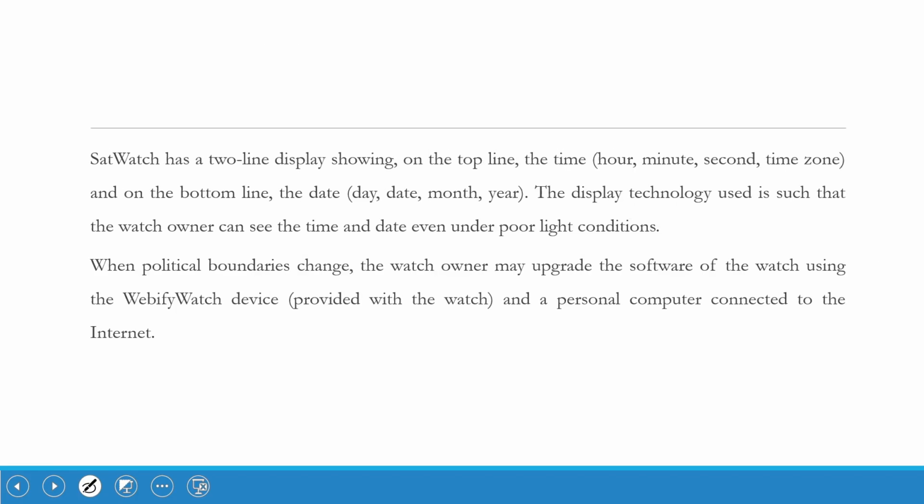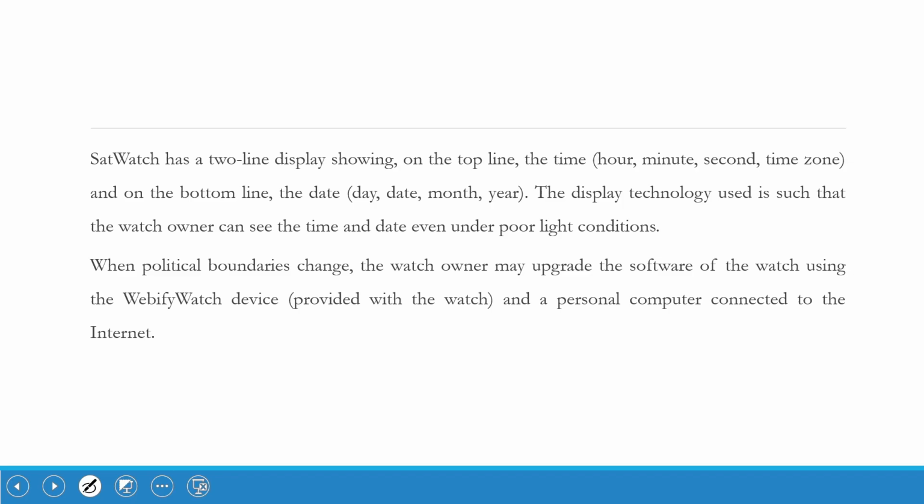SatWatch corrects its time zone as soon as a blackout period ends. SatWatch has a two-line display showing on the top line the time: hour, minute, second, and time zone, and on the bottom line the date: day, month, and year.